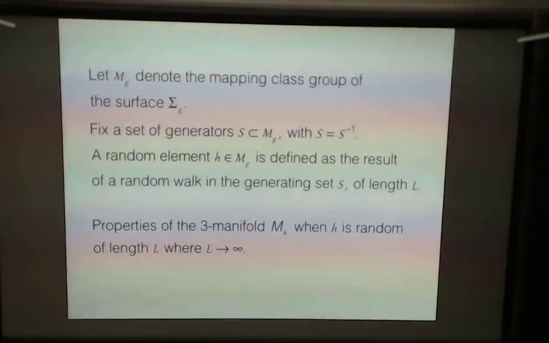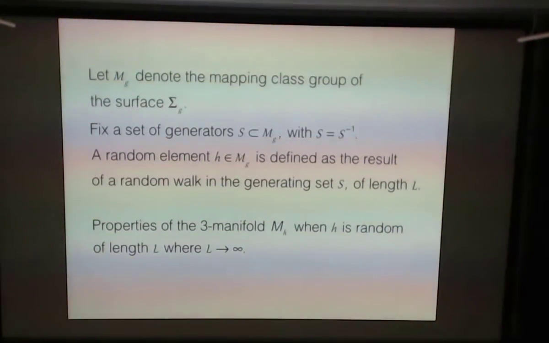So now, how to choose this H? The genus is fixed, and we denote by Mg the mapping class group of the surface, a group of homeomorphisms of the surface up to isotopy. This group is very well known, and there is a very explicit description of it in terms of generators and relations.